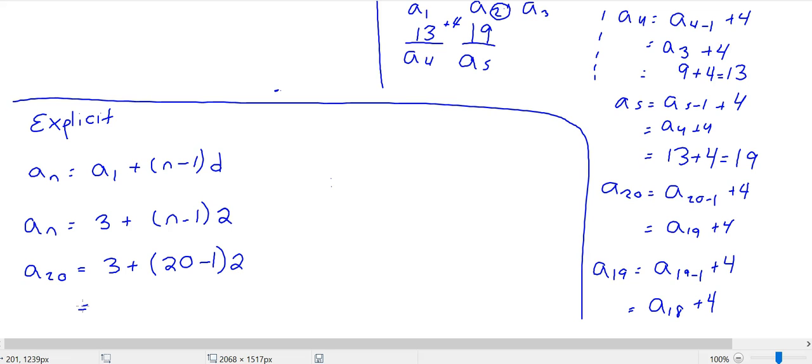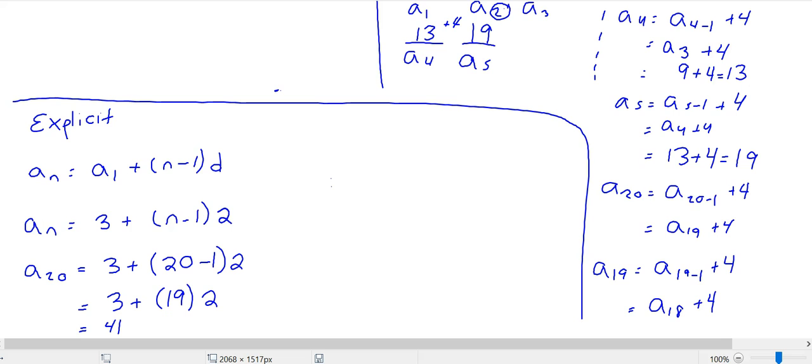So a sub 20 is equal to 3 plus 19 times 2. And 19 times 2 is 38. 38 plus 3 is 41. Using this explicit formula, we were able to find the 20th term of this sequence without solving for the 19th term or the 18th term or the 17th term.